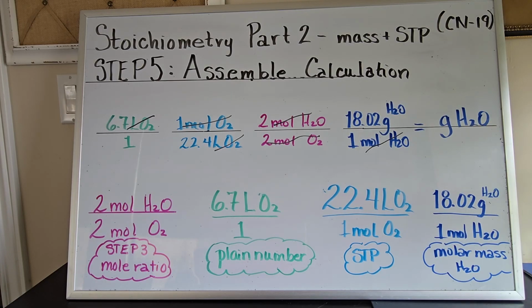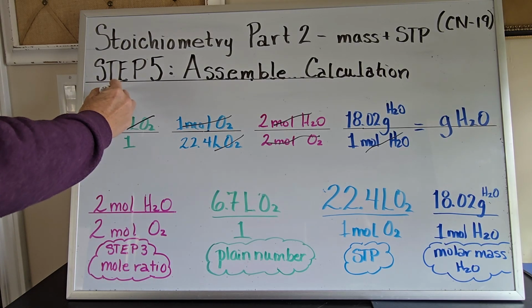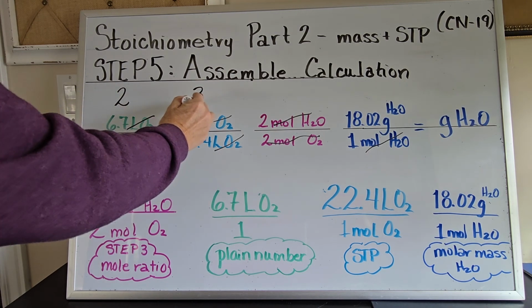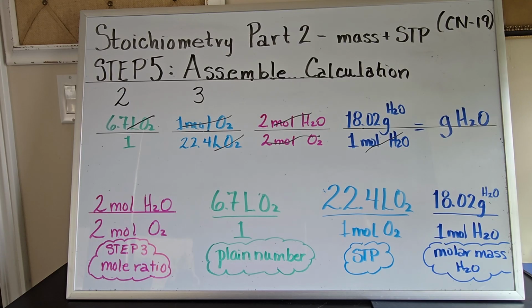So I go do my one-step calculation, and we can't forget our significant figures. Here I have 2. Here I have 3, that's for my STP unit factor.